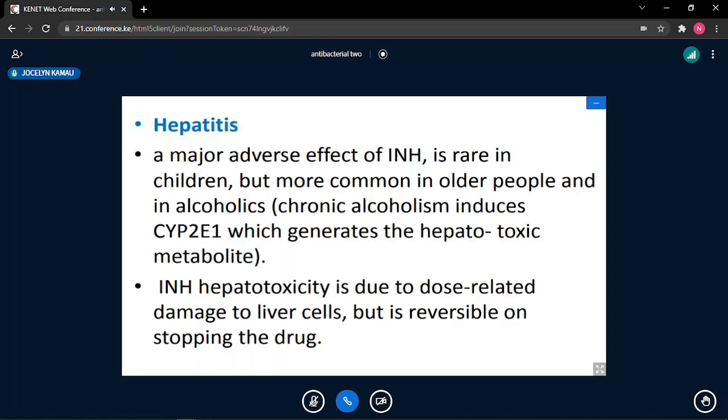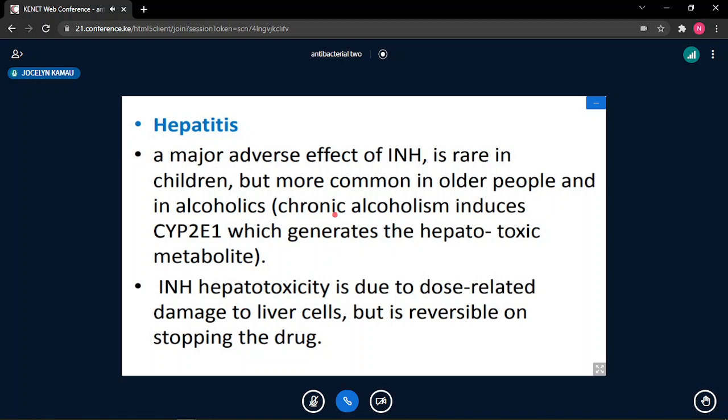Some of the toxic effects, of course, we have said there is hepatitis or hepatotoxicity, a major adverse effect. It is rare in children, but more common in older people and in alcoholics. Remember, I did mention when I was discussing alcoholics, chronic alcoholism induces the cytochrome 2E1, which generates the hepatotoxic metabolite.